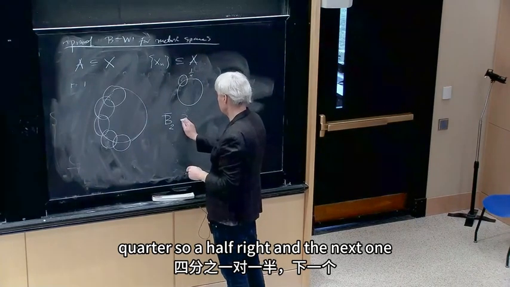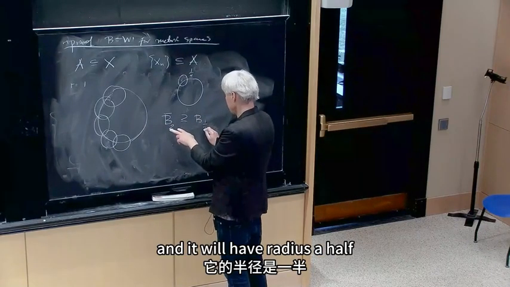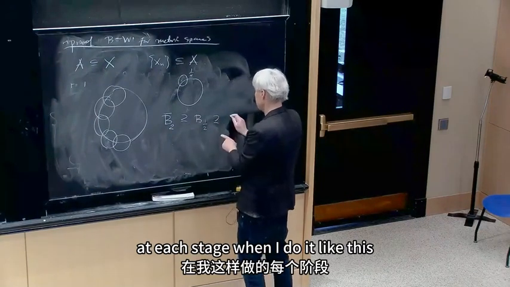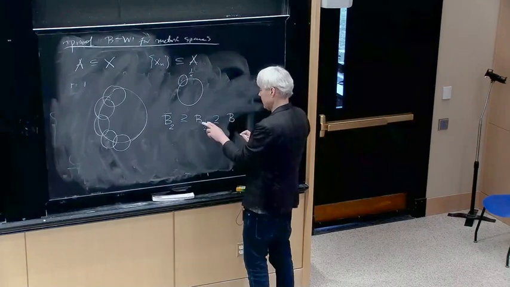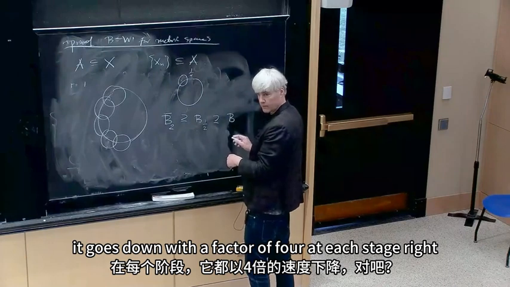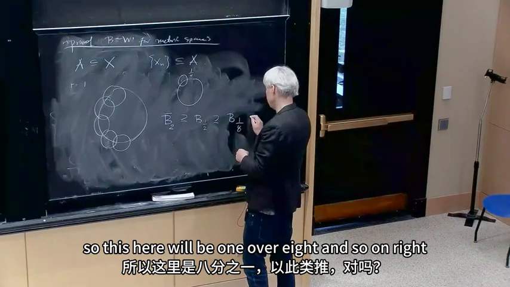And the next one will then be a ball with a different center and radius 1/2. At each stage, it goes down by a factor of 4, so this here will be 1/8, and so on.